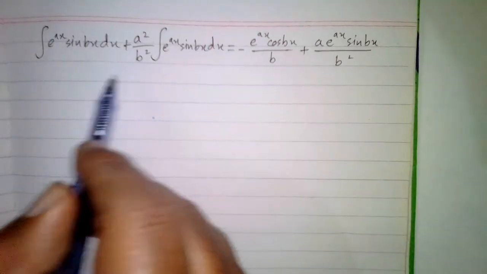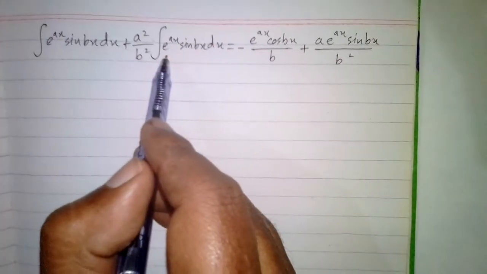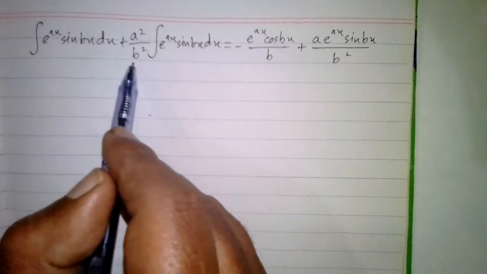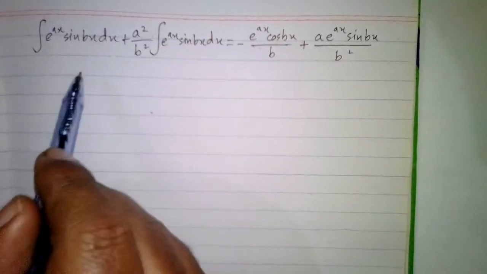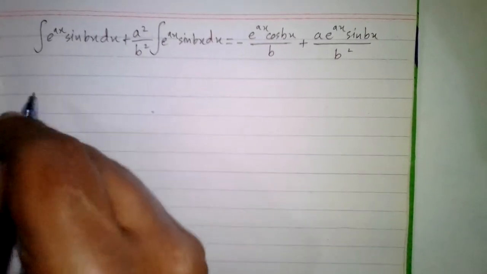Now here we can see that the coefficient of this integral is 1 and the coefficient of this integral is a square upon b square, and because these integrals are same, we can add the coefficients.